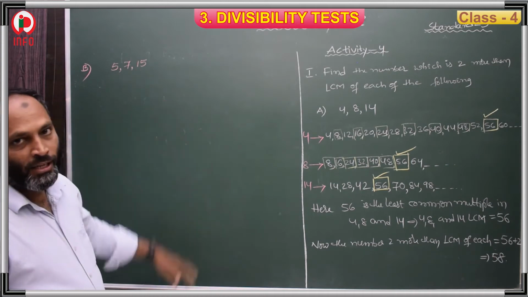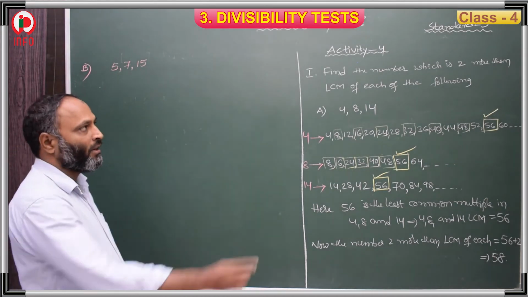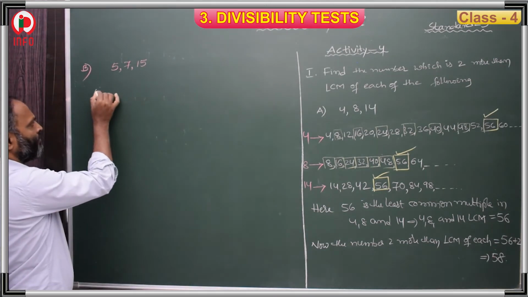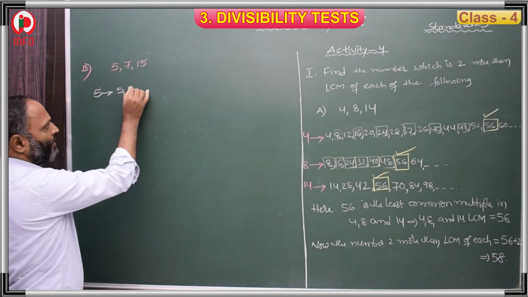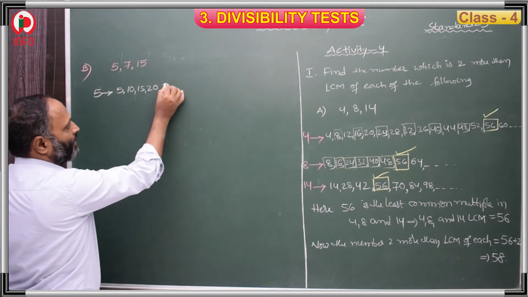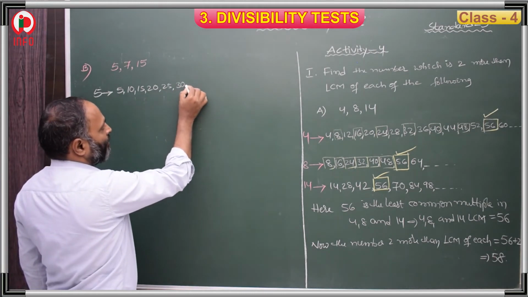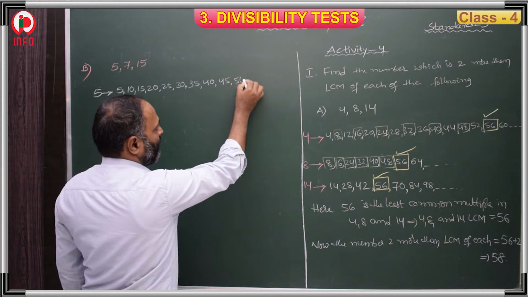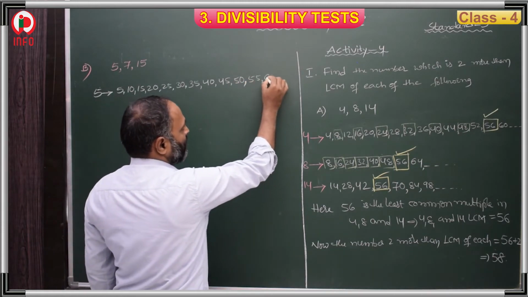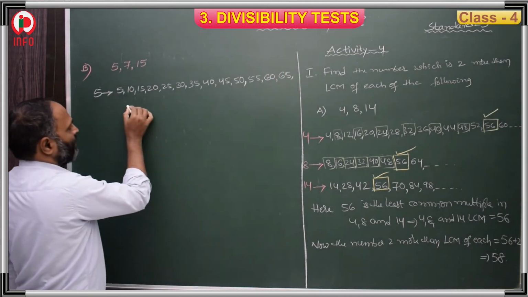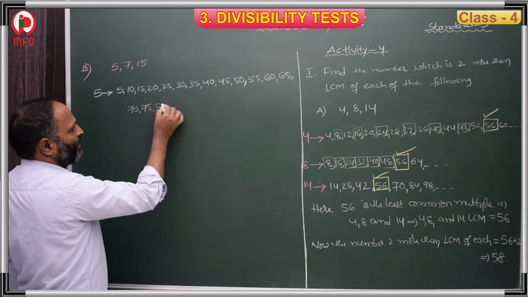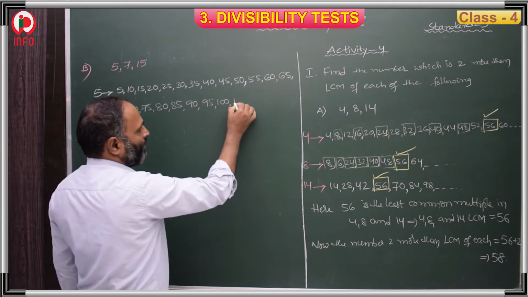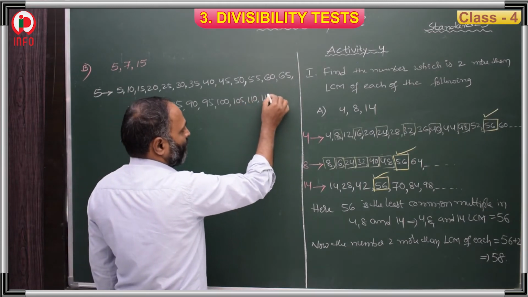Here 5, 7 and 15 are given. Again we have to write the multiples of 5, 7 and 15. 5 multiples first. 5 ones are 5, 5 twos are 10, 5 threes are 15, 5 fours are 20, 5 fives are 25, 5 sixes are 30, 5 sevens are 35, 5 eights are 40, 5 nines are 45, 5 tens are 50, and after that 55, 60, 65, 70, 75, 80, 85, 90, 95, 100, 105, 110, 115 and so on.